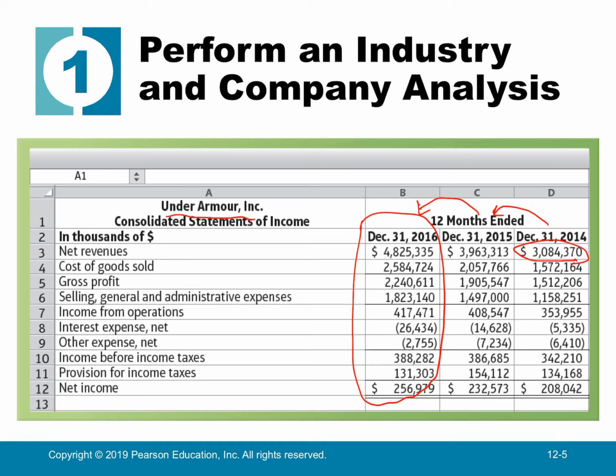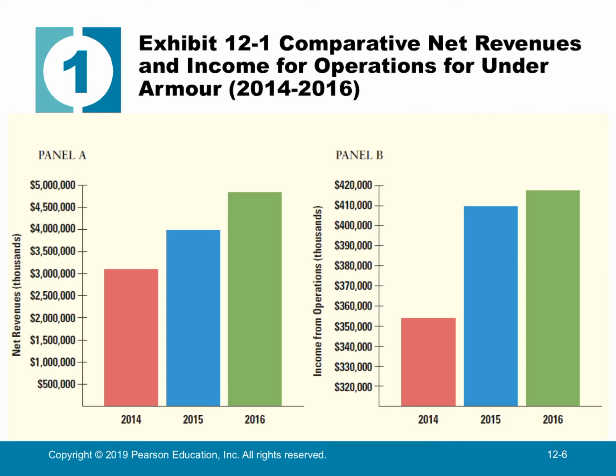We were at around 3 million in 2014, almost 4 million in 2015, almost 5 million in 2016. Just by looking at that trend, I can tell that Under Armour sales are increasing. Obviously, I need to do a lot more analysis, but just by looking year to year, you get a sense of what's going on with the company.